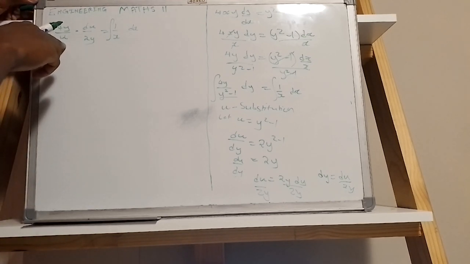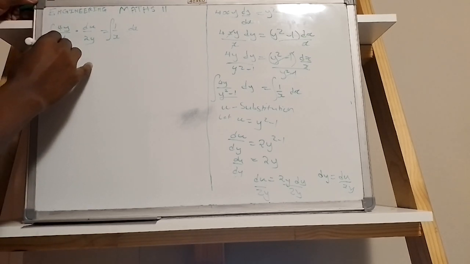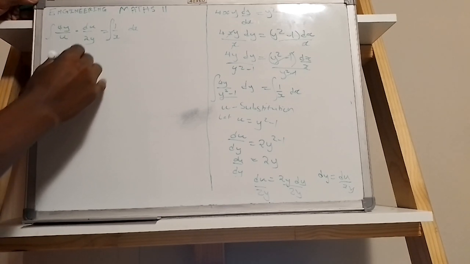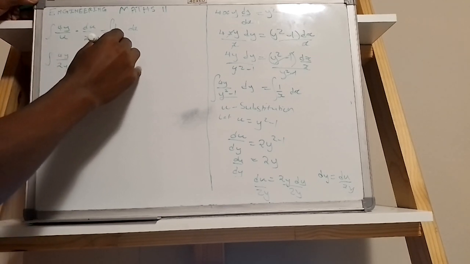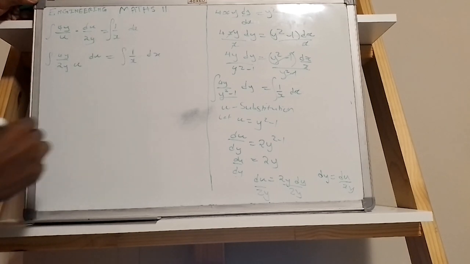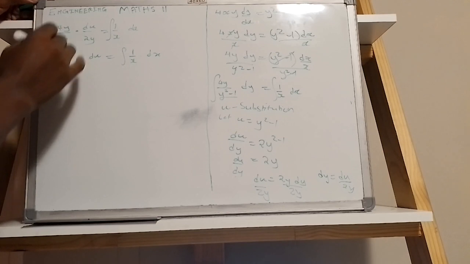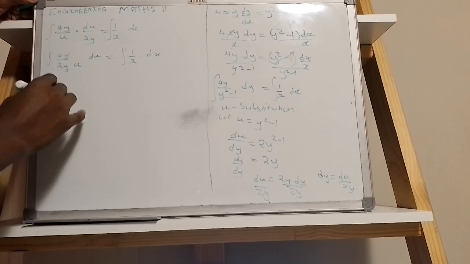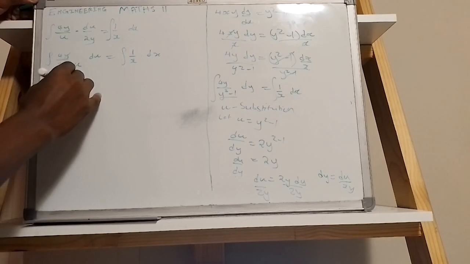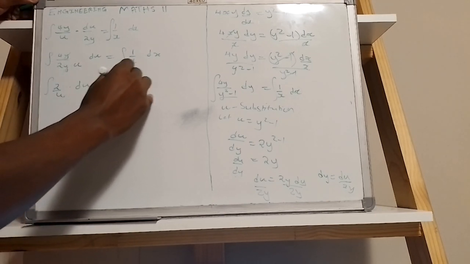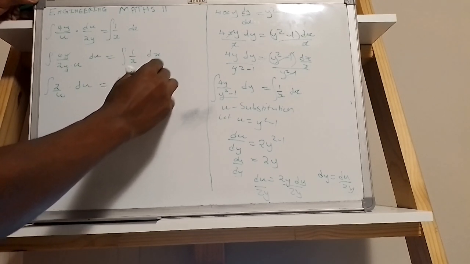So I'll have the integral of 4y over 2y multiplied by u multiplied by du, equals the integral of 1 over x multiplied by dx. 4 over 2 is 2, and y and y will cancel. I'll have the integral of 2 over u du equals the integral of 1 over x dx.